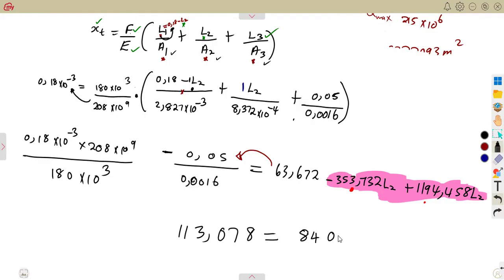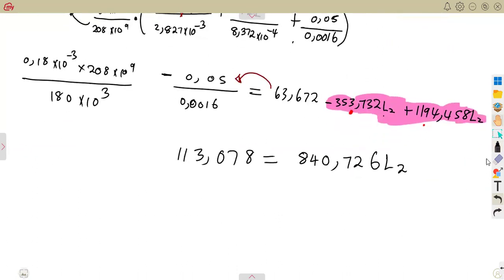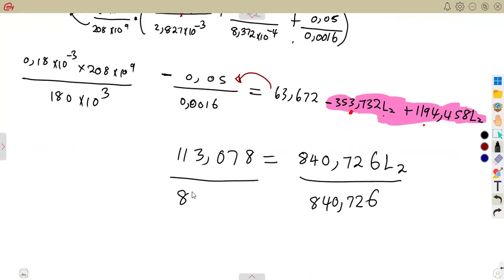840,726. But there is L2. This is where we are, and we need to calculate L2. So what can we do? Simply divide by the number that you're given there, 840,726.